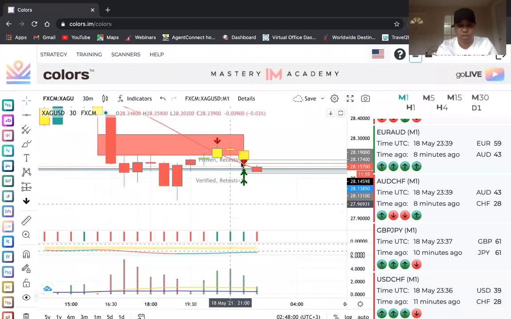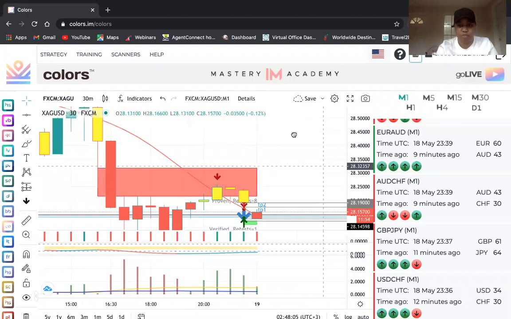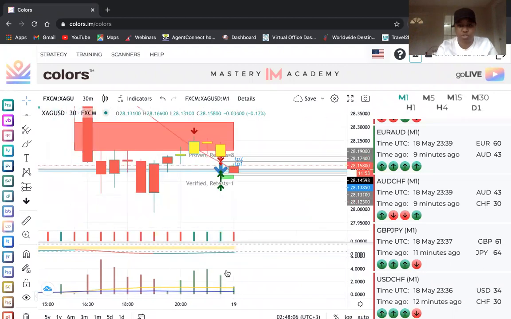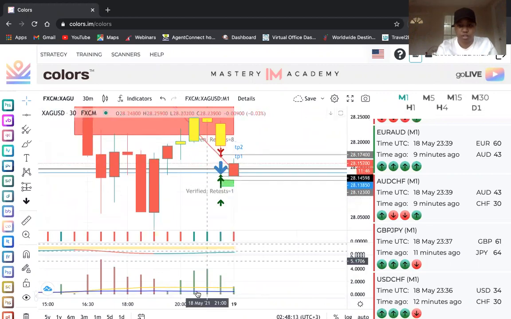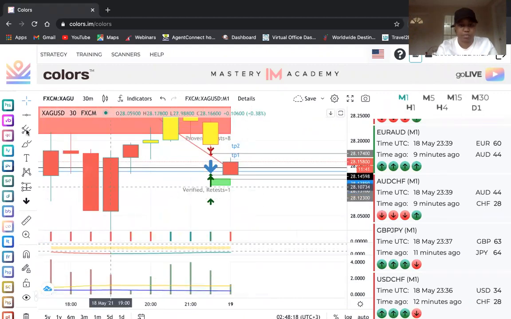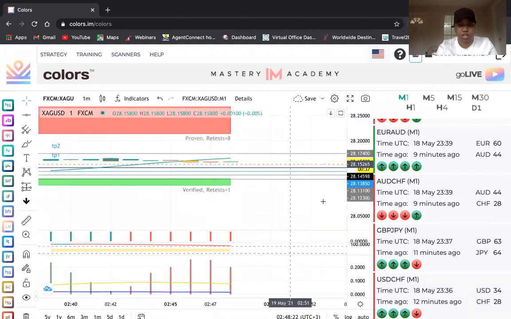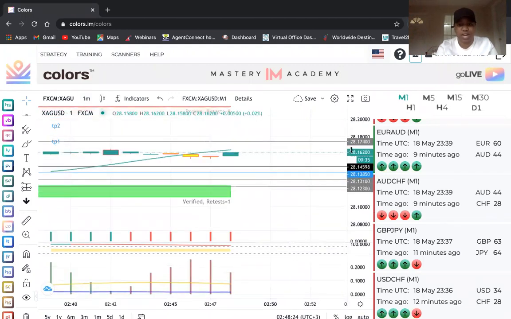It's at a red box on our higher time frame, but the buyers are still in control right here. Here's a green box. The buyers are in control on the 30 minutes. And then if I drop back down to the 1 minute, the sellers are in control a little bit.